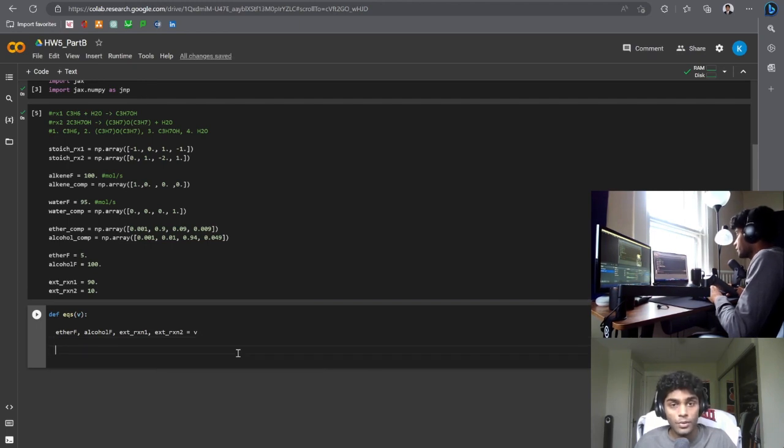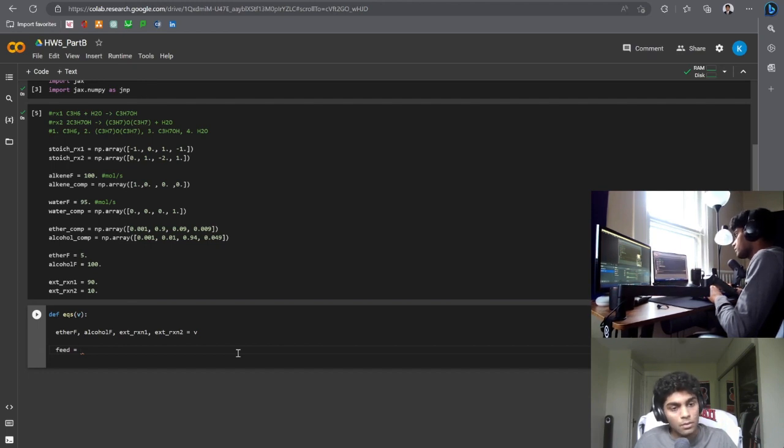And now what we want to do is use our equations that we know. So first thing we can do is calculate the feed.